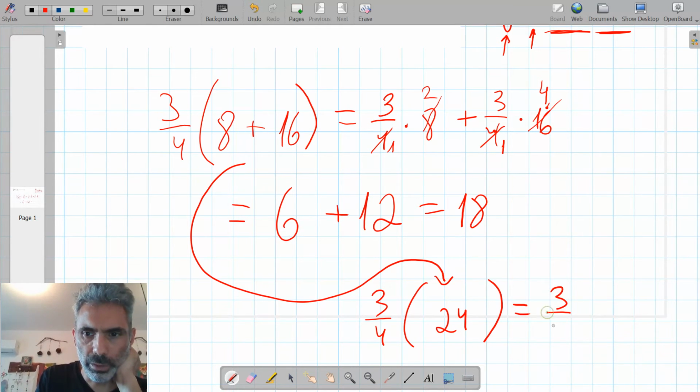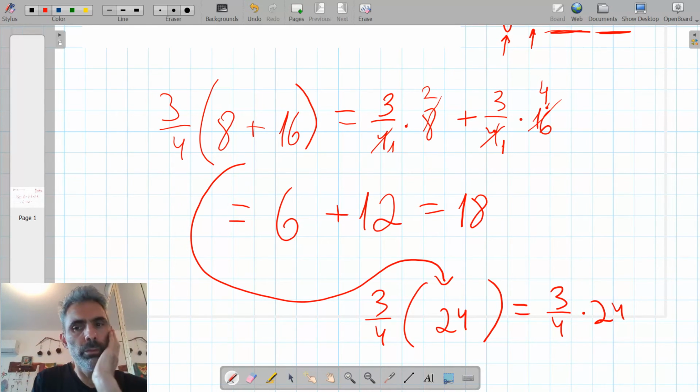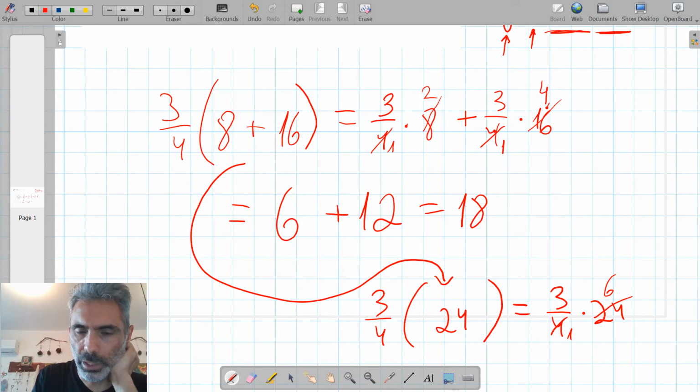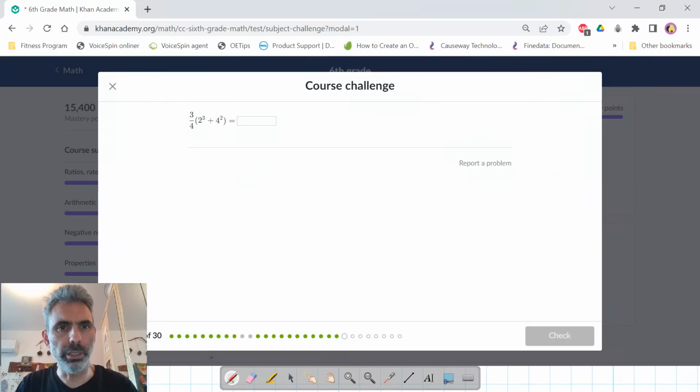So 3/4 times 24. Yeah, this simplifies. 4 divided by 4 is 1. 24 divided by 4 is 6. So 3 times 6 is 18. Yeah. So the answer is 18.